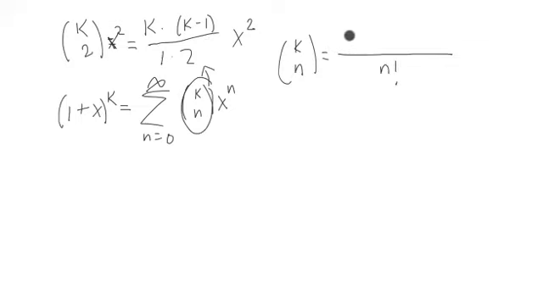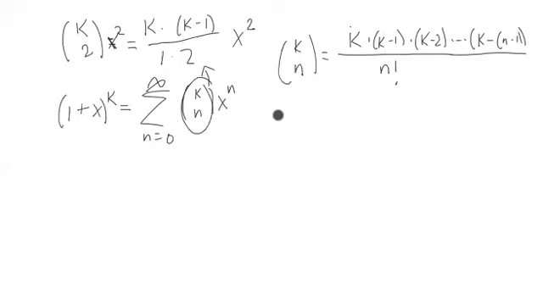On the top, we start at whatever k is and just have n things multiplied together, subtracting 1 each time until we've subtracted off n minus 1, because at that point we have n factors, because this is like k minus 0, k minus 1, 2, all the way to k minus n minus 1. So this really is the definition.